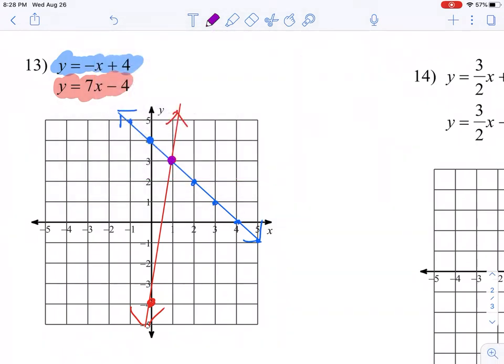That is the solution to the system of equations. So we write our solution as an ordered pair, x comma y. And we are describing it as our x value, which is 1, and our y value, which is 3.